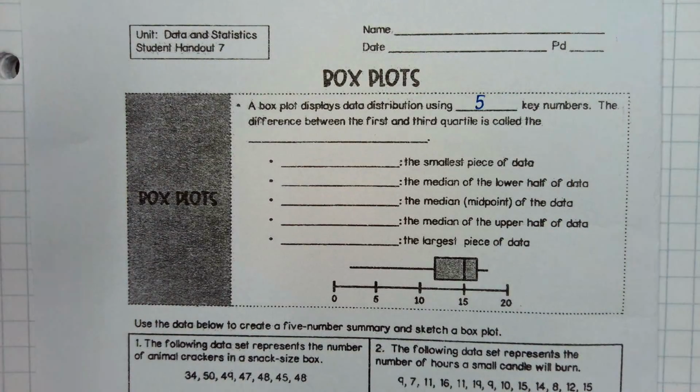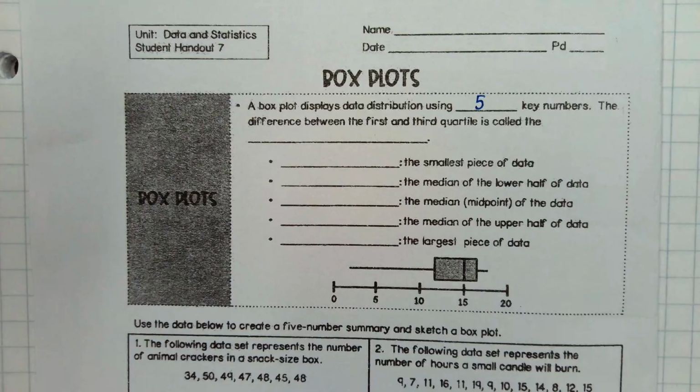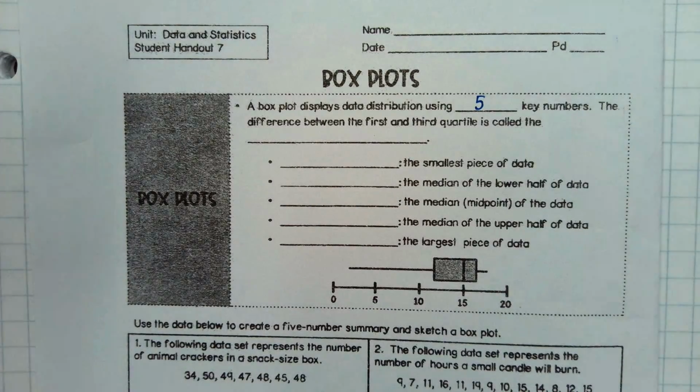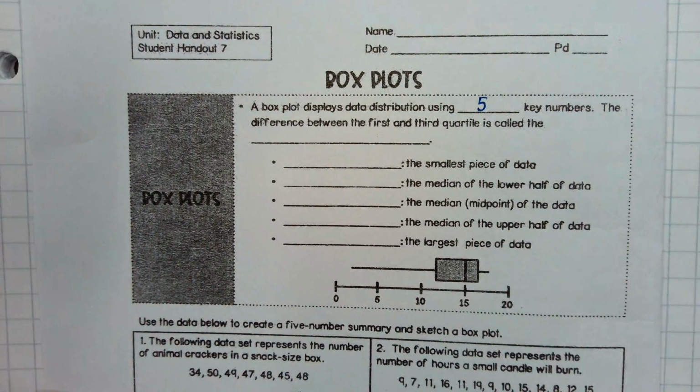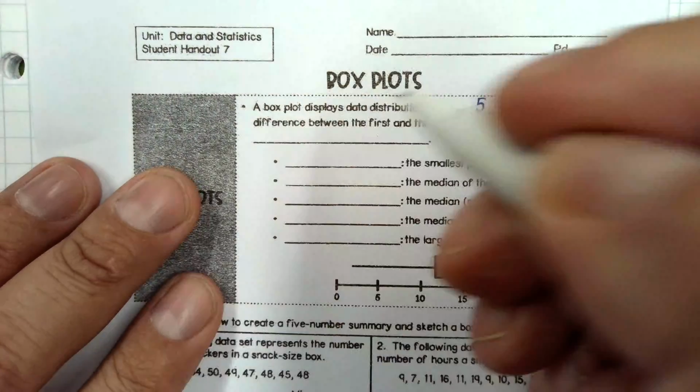So the thing about a box plot is it divides things into quarters. We call them quartiles. Okay, they're fourths. A fourth of the data, a fourth of the data, a fourth of the data, and a fourth of the data. 4 fourths make a whole. So it divides it up into 4 even chunks. And we call the middle part the interquartile range.